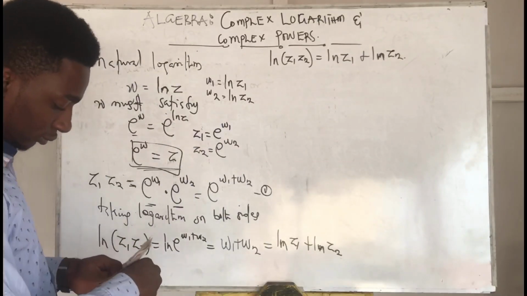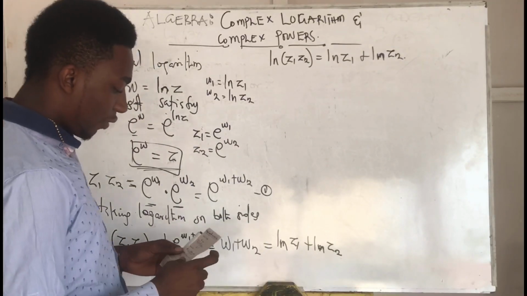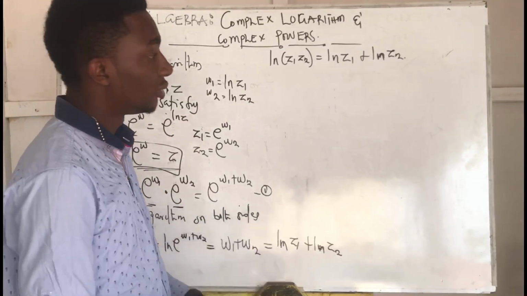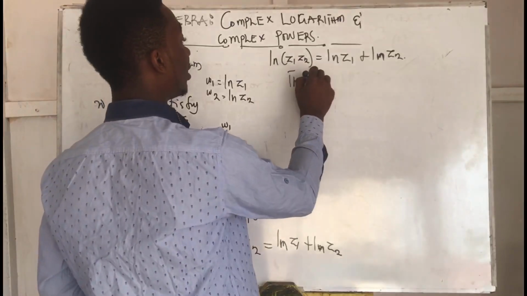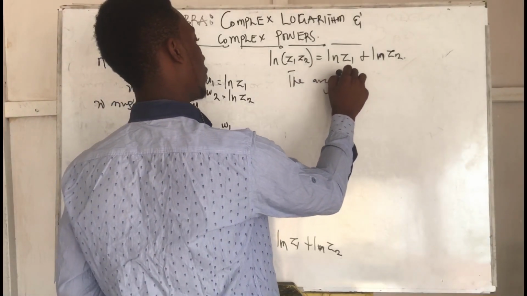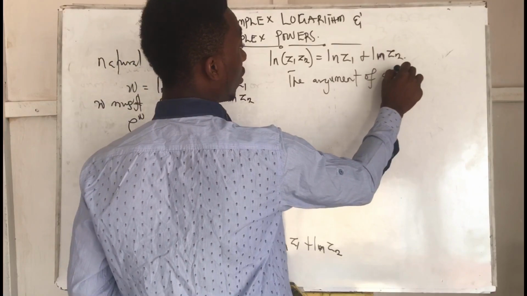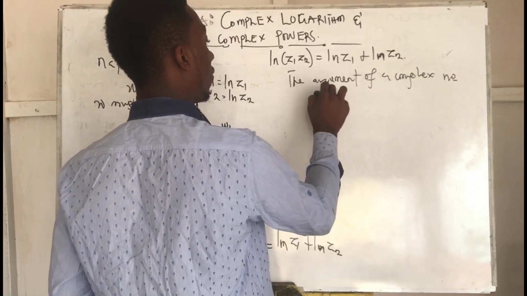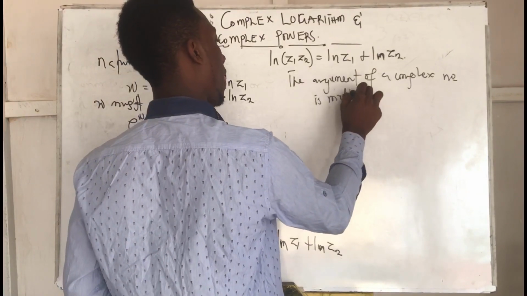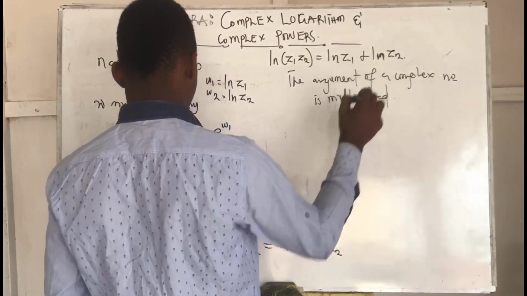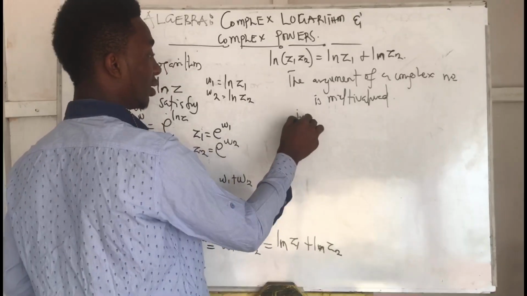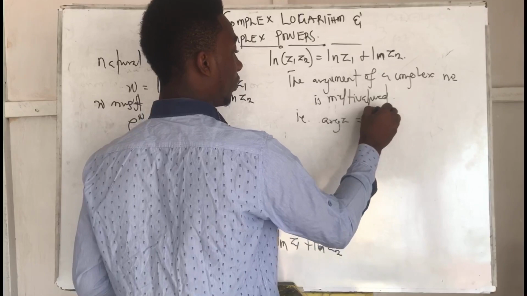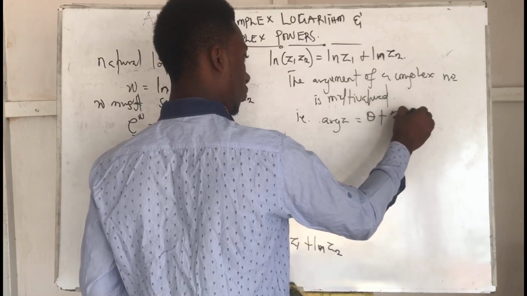Alright. Now we have already noted that the argument of a complex number is multivalued. Multivalued in the sense that the argument is now theta plus 2n pi.